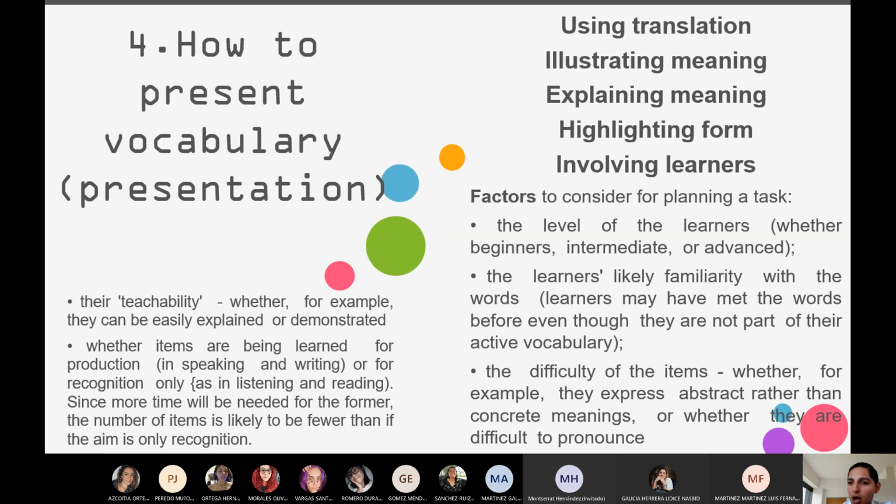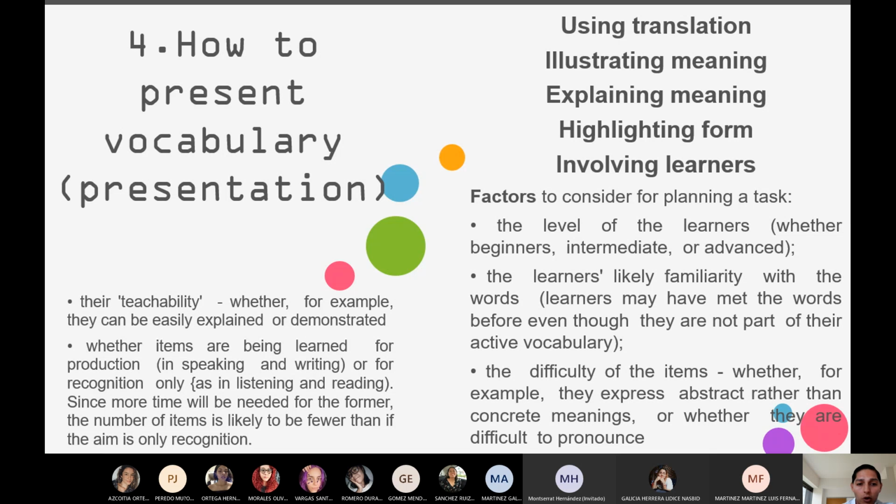The number of words to be taught in a lesson: scholars say we should include around 12. Their teachability, if they can be easily explained or demonstrated, okay?